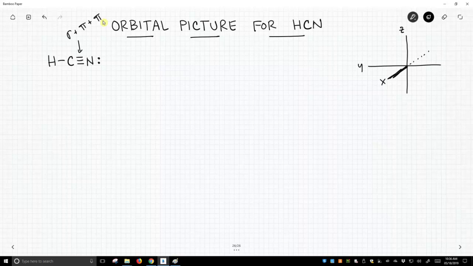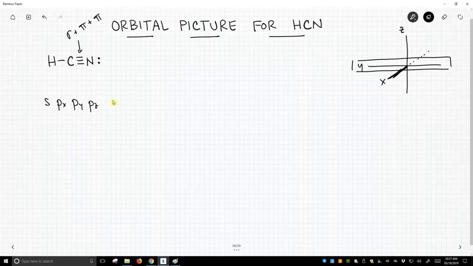Now, I'm going to want to draw this picture so it extends horizontally across the screen. So I'm going to have to pay attention to that because I'm going to want to use the py to generate our hybrid so we get this horizontal component parallel to the y-axis. So the carbon is sp hybridized.